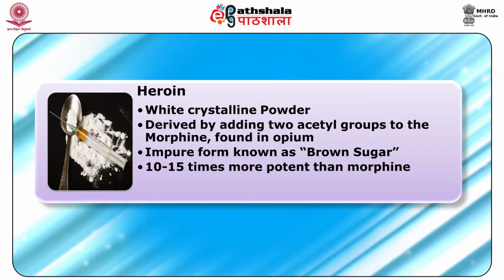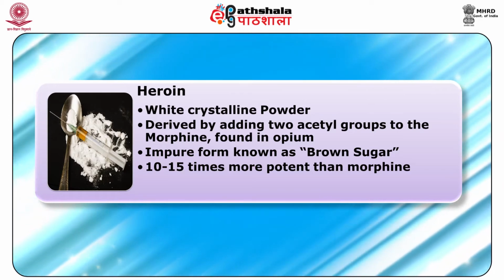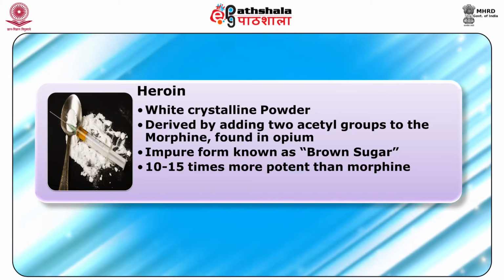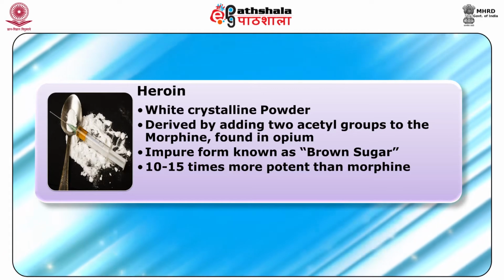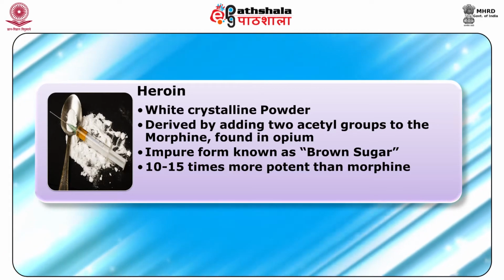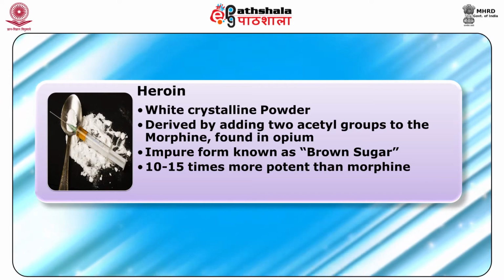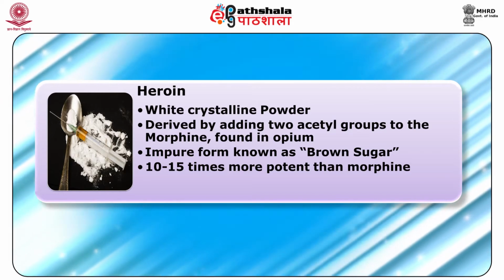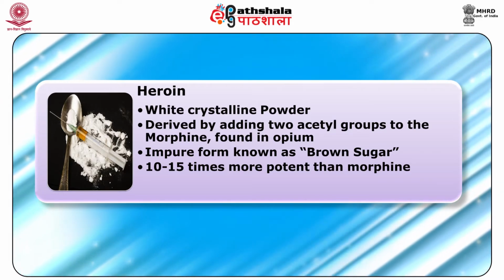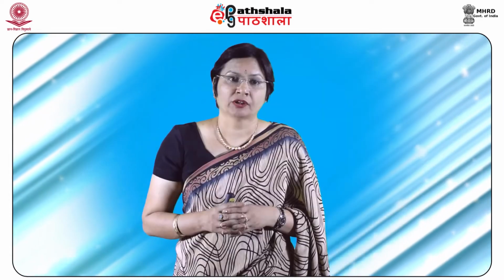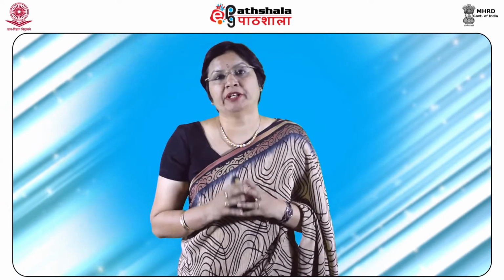Heroin in impure form is also known as brown sugar. It is almost 10 to 15 times stronger than morphine, and it may be either injected, or many of these users sniff it to cause similar effects as that of opium and heroin, but with a much higher magnitude. So even the ways of administration you should be aware about.